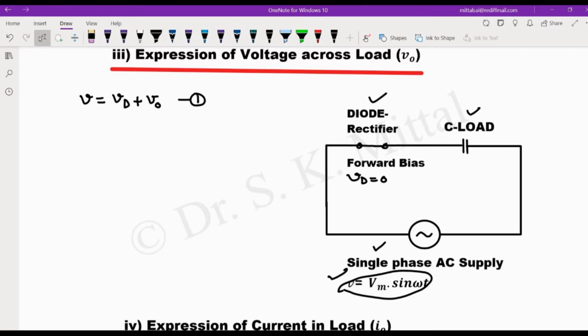Since the voltage across the diode is 0 during forward bias, V equals 0 plus V0, so the output voltage V0 is equal to V, and V is the supply voltage, represented by Vm sin omega t.